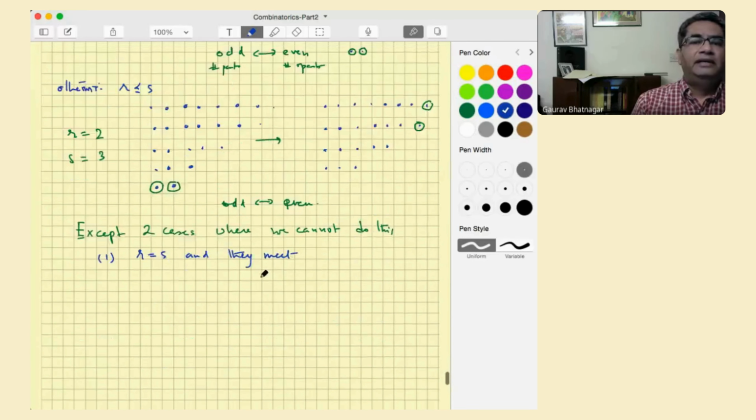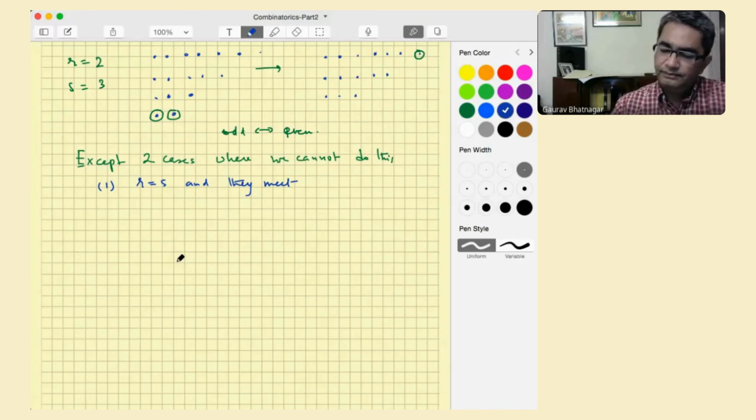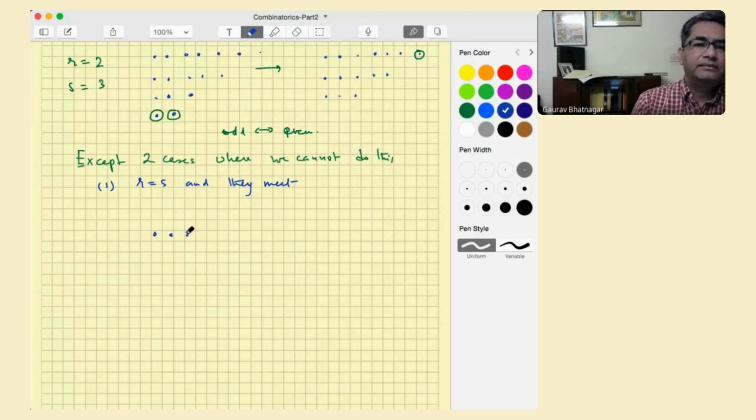But here R has to be equal to S. And if that is the case, then some case like this. So 3 here, 3 here. Here R is equal to S, and they meet, right?